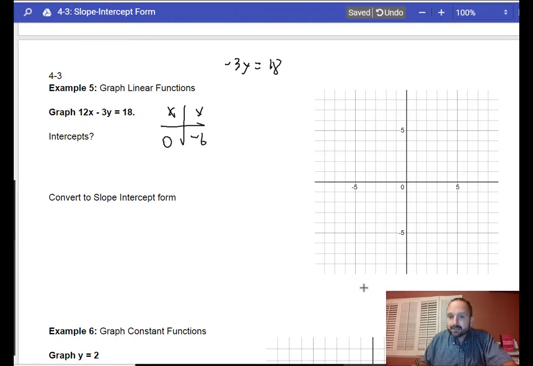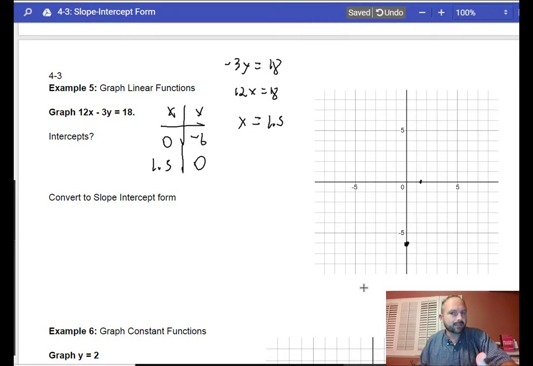So it's going to be (0, -6) right here. All right, well, what if we plugged in 0 for y? Then we're going to get 12x is equal to 18. And if I divide by 12 on both sides, I'm going to get 1.5. That's not so nice. So that's like right there, but I want to make sure I do this correctly.